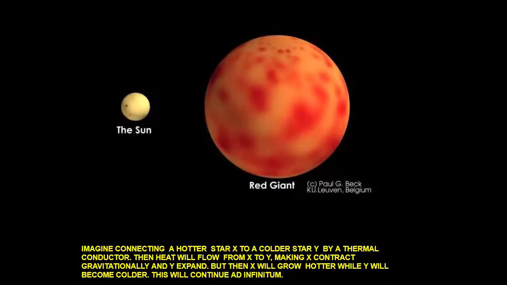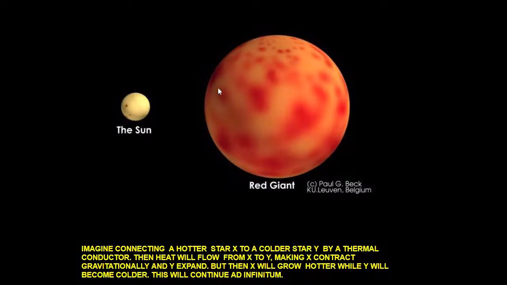Remember, it's a pure thought experiment. So consider the sun. We know the photosphere of our sun has a temperature of about 6,000 degrees Kelvin. And let's consider a red giant star. Let's say the surface temperature of the red giant star is about 3000 degrees Kelvin. So 6000 degrees Kelvin here and 3000 degrees Kelvin over the red giant.